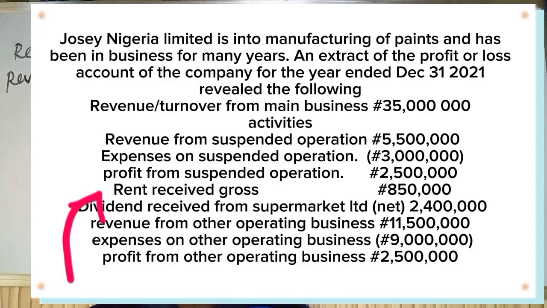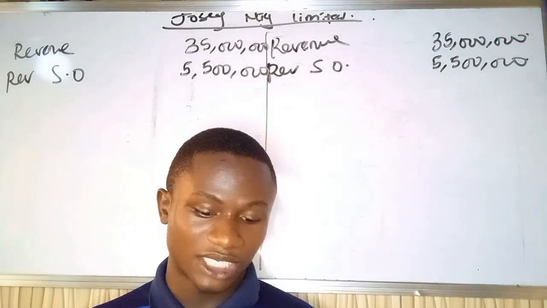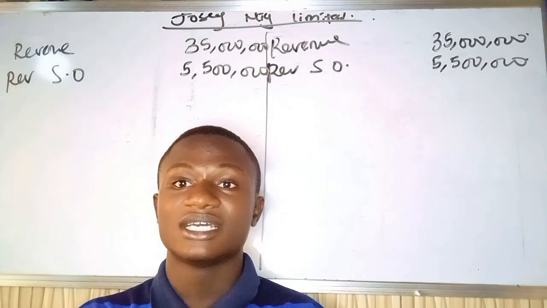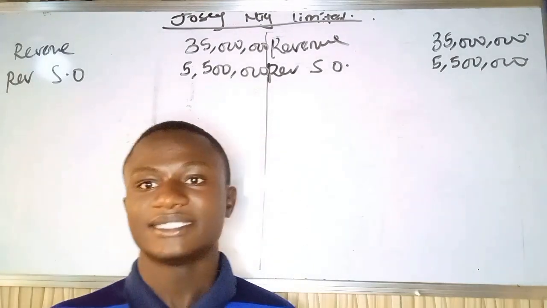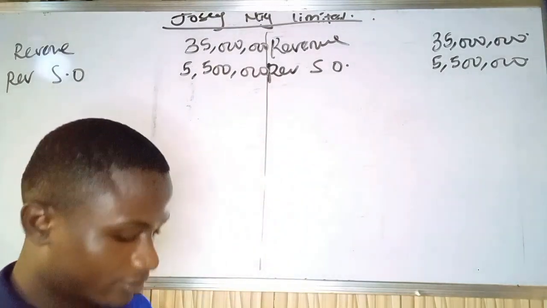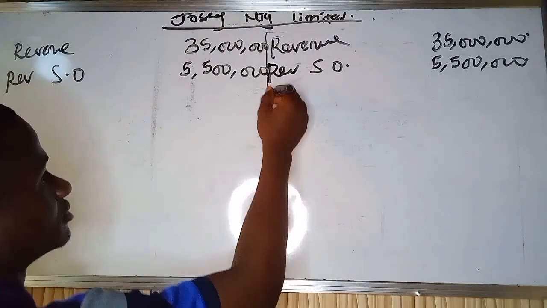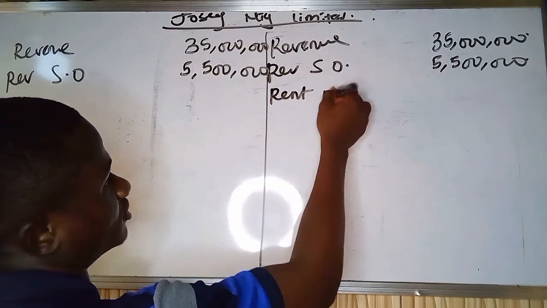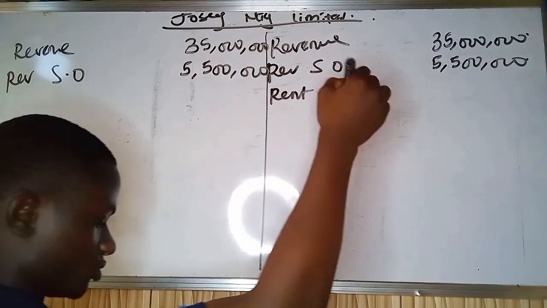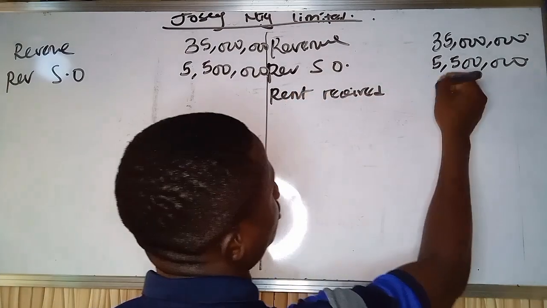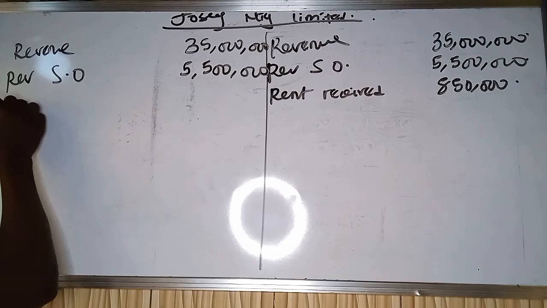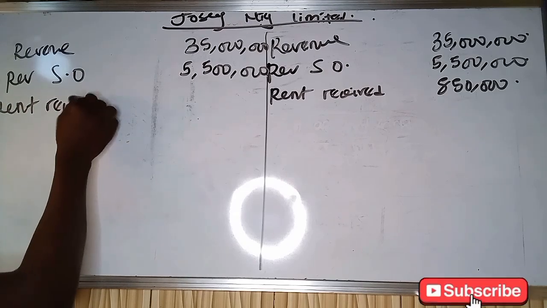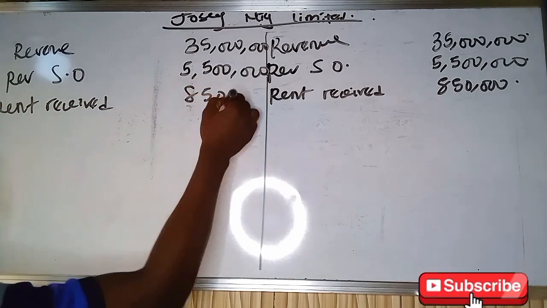We have rent received, gross. Rent received is 850,000, and if you can see gross, it means tax has not been deducted, so what do we do? We add it because tax has not been deducted. So we have rent received, 850,000. I come here also, rent received, 850,000.